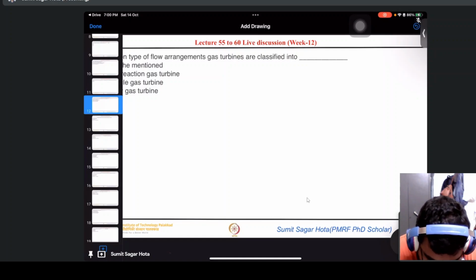Based on the type of flow arrangement, gas turbines are classified into what?